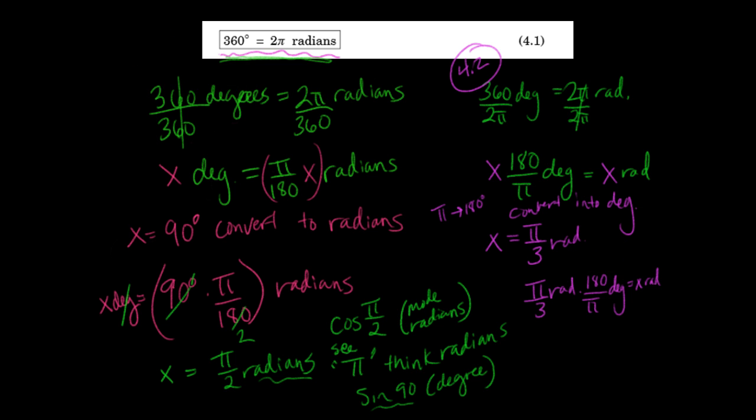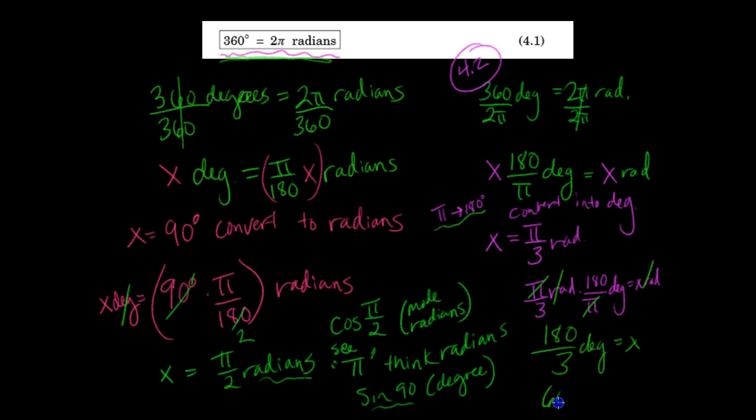My radians conveniently cancel out, and the pi's conveniently cancel out. And if the pi's don't cancel out, then you probably haven't converted into degrees properly. So look at this. This is degrees, right? Equals x. And what did I say up here? Pi is to 180. So if you are a third of the way there, that's dividing it by 3.